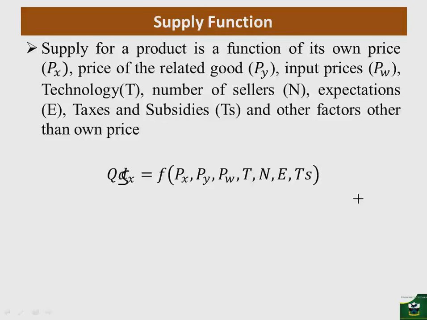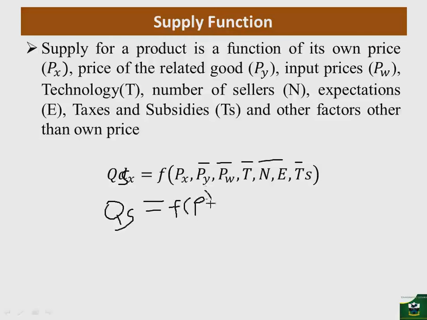Now, because we hold all these factors constant, our quantity supplied, we write it as simply the function of price. So when drawing the curve, we only consider the price, and therefore quantity supplied becomes the function of price.